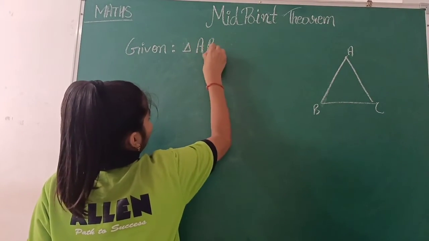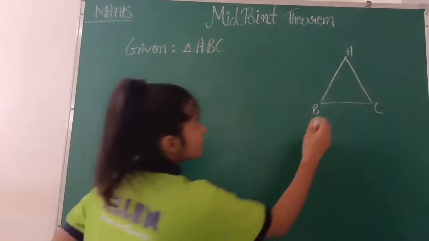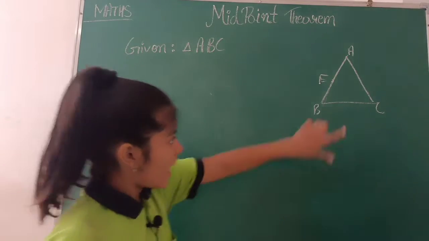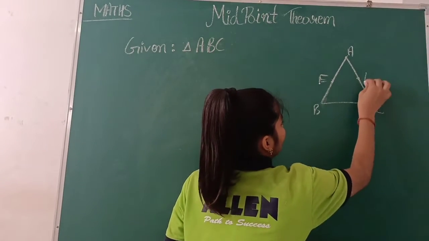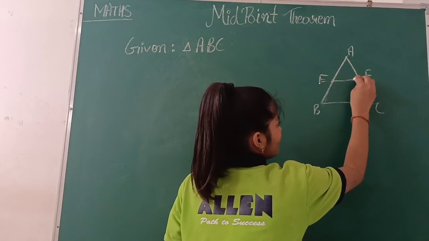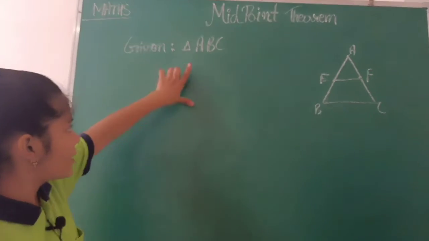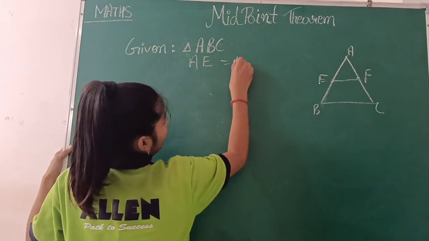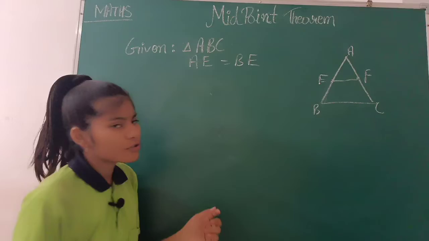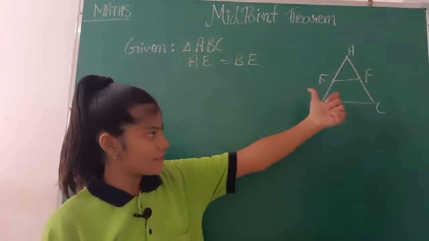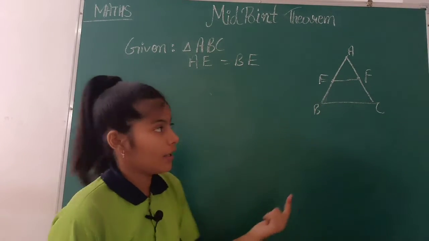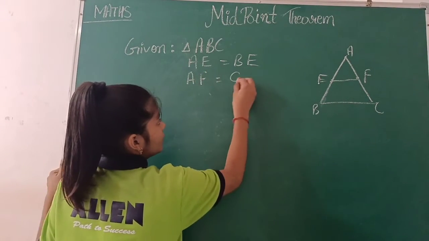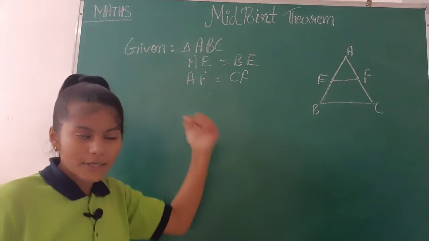Triangle ABC, in which E is the midpoint of AB and F is the midpoint of AC, and we join them. This is the given, and we write AE equals BE, and AF equals CF. This is the given statement.